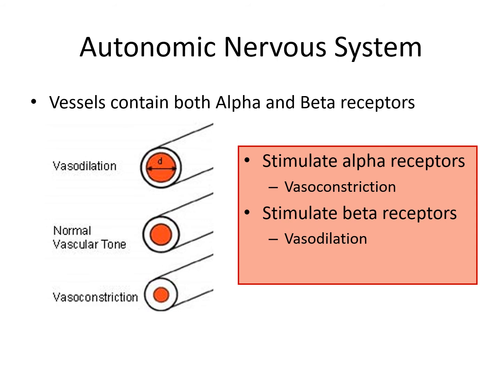Okay, let's talk about the fact that all of the blood vessels throughout our body contain both alpha and beta receptors. Okay, and as we said earlier, this is just simply a diagram to show you the normal vascular tone and then the difference, what occurs when we have vasoconstriction and vasodilation. Well, it is stimulation of the alpha receptors in the blood vessels that causes vasoconstriction.